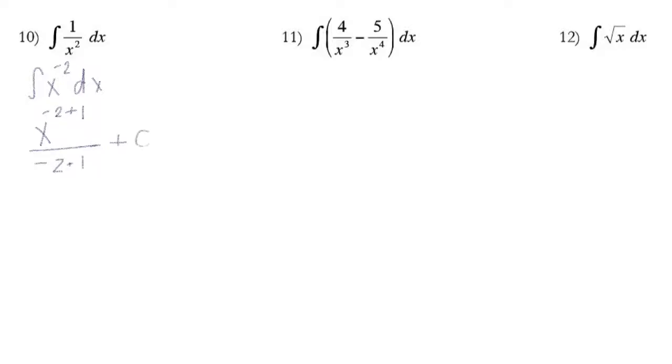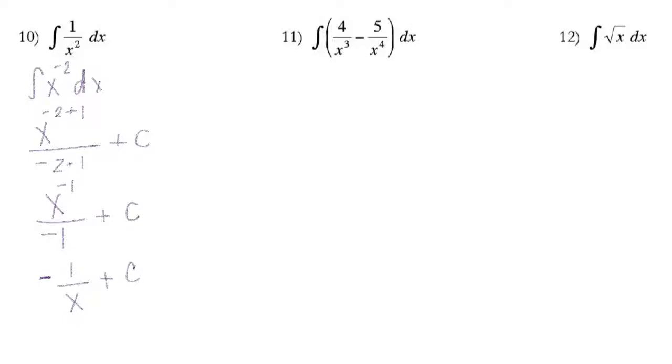And then of course plus c. So notice I get x to the negative 1 over negative 1 plus c. And we don't leave negative exponents. That's one of the few things we do need to simplify. So this is going to be negative 1 over x and then plus c.